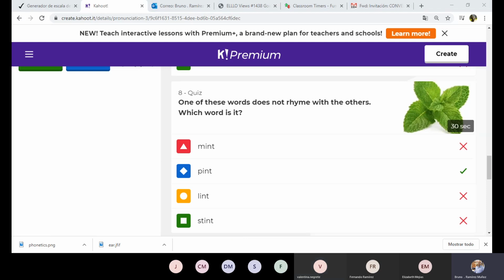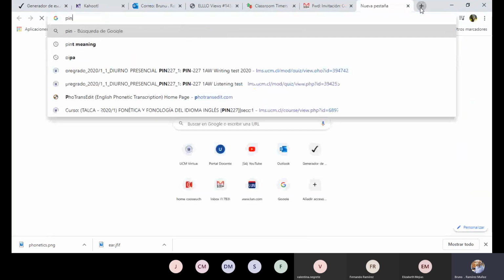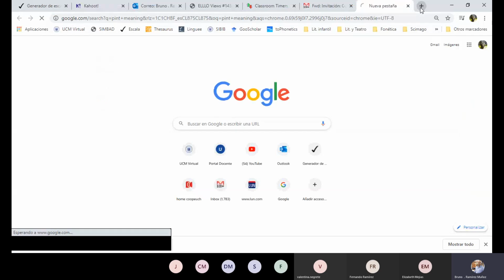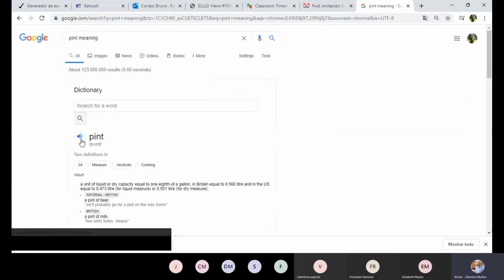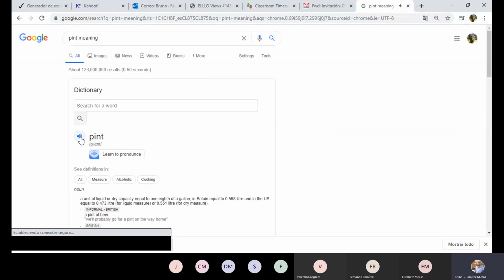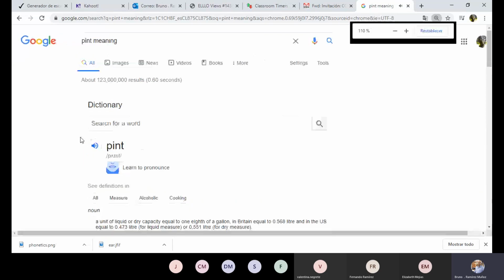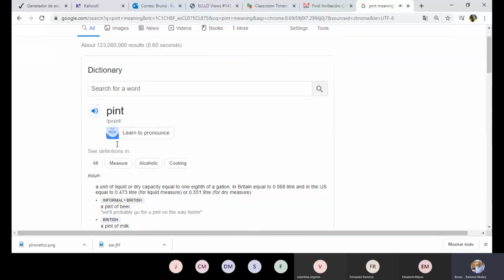Right. So we have mint, pint, lint. Let me double check here. Okay, I think you have pint. Pint, which is a measure for liquids. It's like we have litros, for instance, in Spanish.